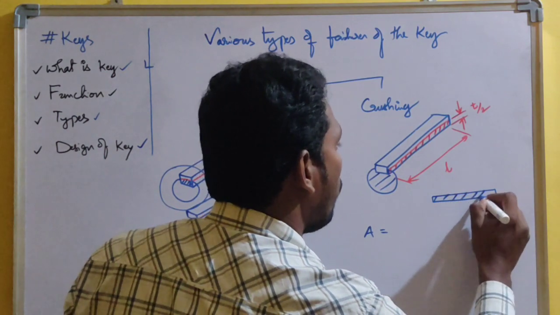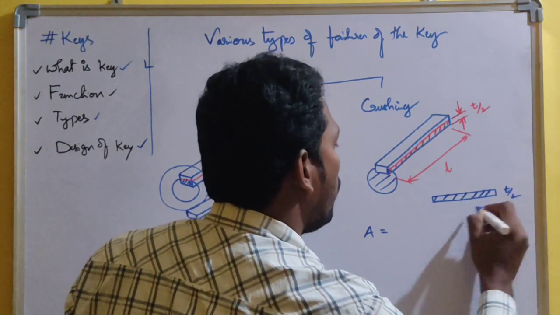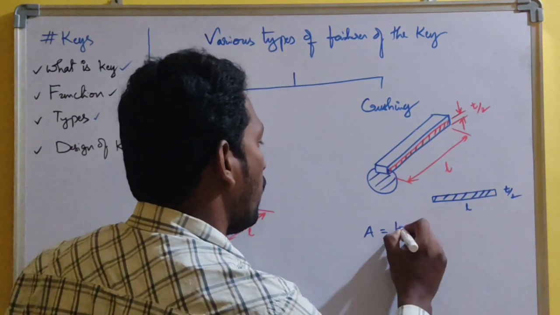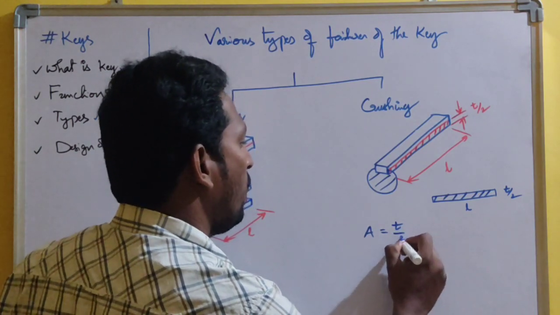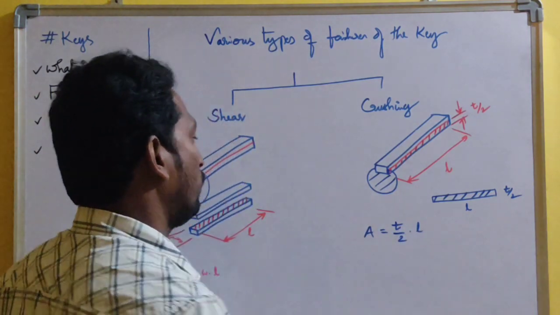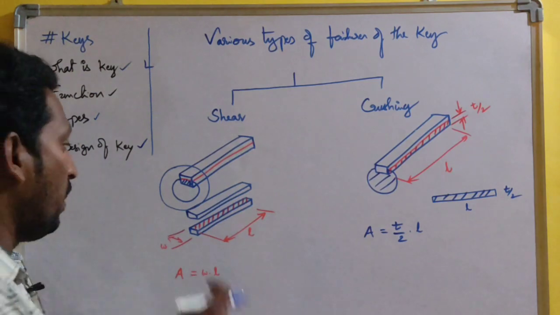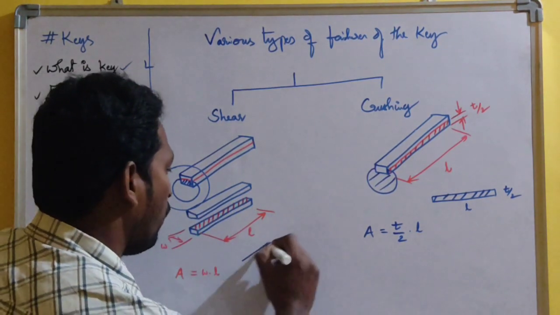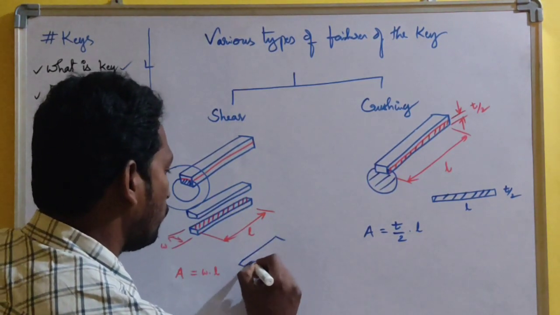This is equal to T by 2, and this one is L, so the cross section area is T by 2 into L. And in this case we have a rectangle section like this.